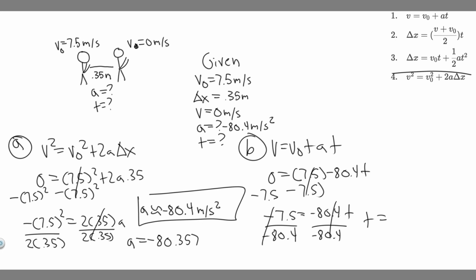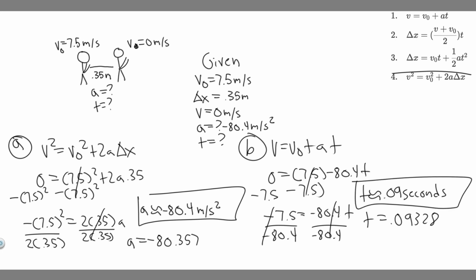You get t equals 0.09328 and so on. I'm just going to round to 0.09 seconds, because this is time. This is your answer to B, how long it takes for him to stop. This was your answer to A. So these are your answers, and hopefully you found this useful.